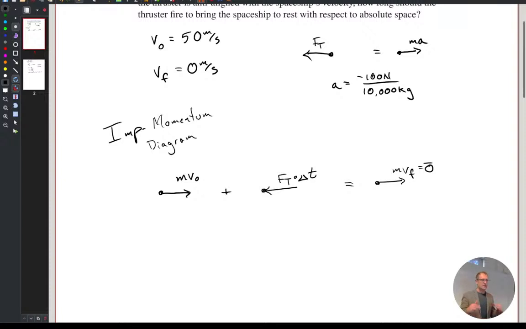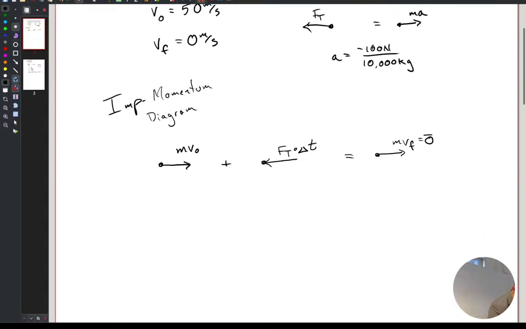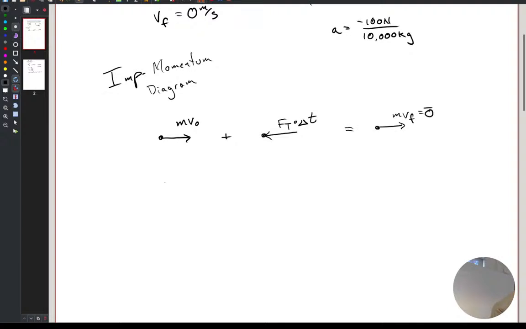So this part looks really similar to our free body diagram, because it is a free body diagram. The only difference is that it's multiplied by however much time that free body diagram was working, creating an impulse on it. So now I have mv0 minus f delta t equals 0.